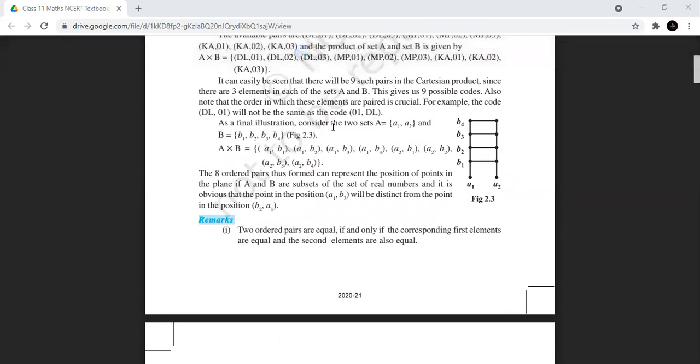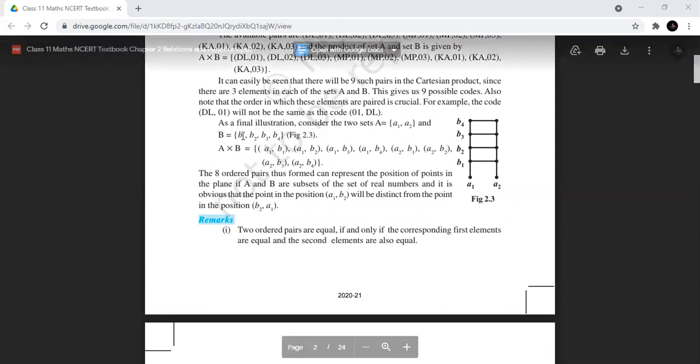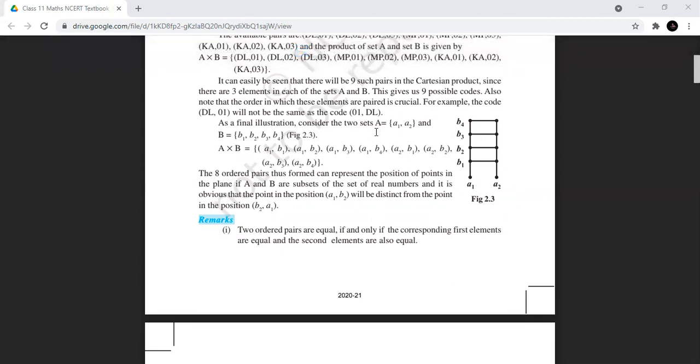Once that is done, you move on to the second element of the first set, say A2 out here. A2 will also be paired with all the entries of set B now. So it will be (A2, B1), (A2, B2), (A2, B3), (A2, B4).